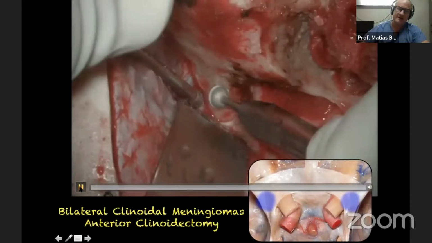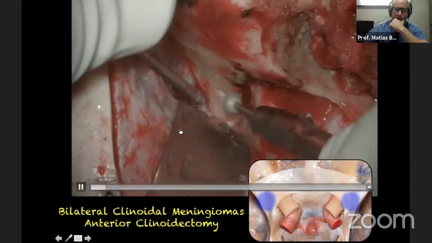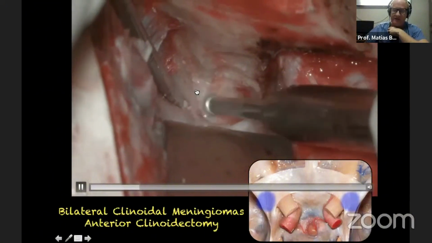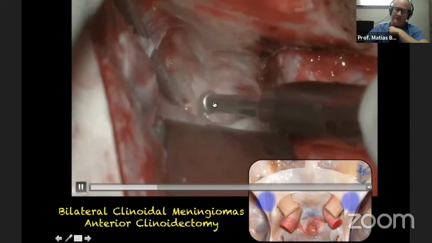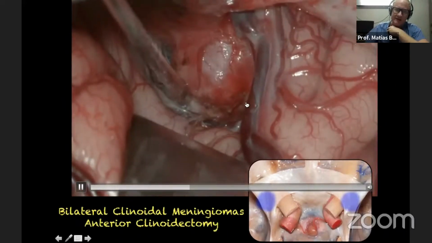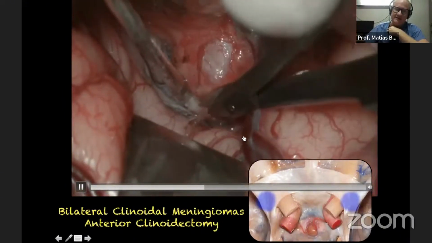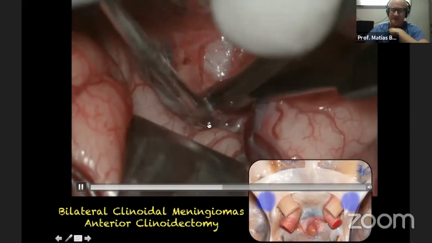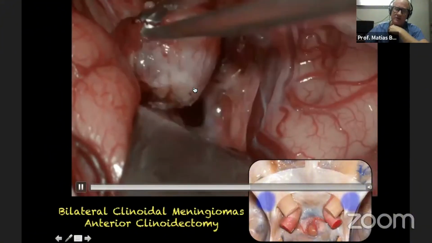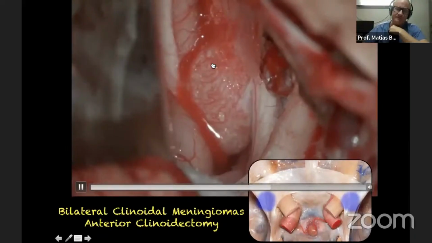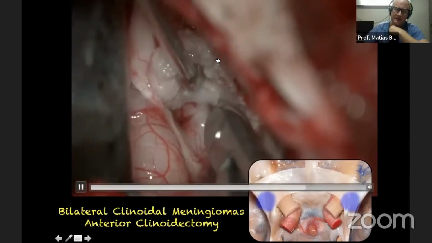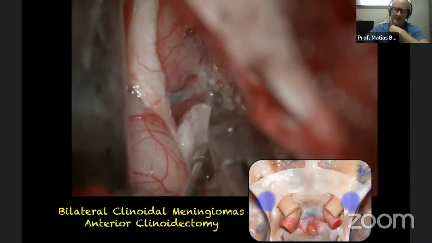Another case where it was important to remove the anterior clinoid process is these bilateral clinoidal meningiomas. The anterior clinoidectomy was performed in an extradural fashion, and then in the intradural stage, the sylvian fissure was split, and the right clinoidal meningioma was removed firstly, and the left clinoidal meningioma was removed after the right one.